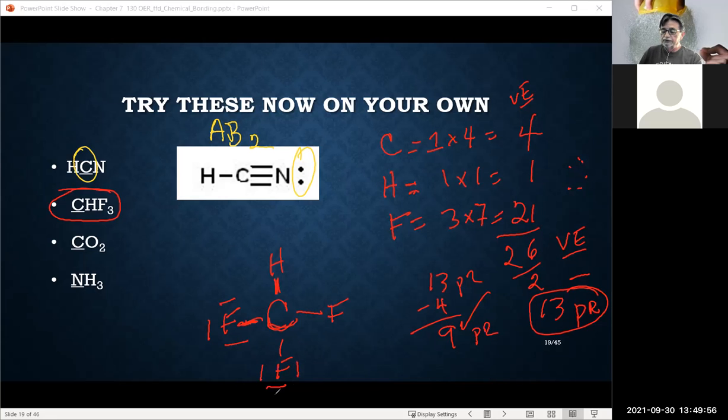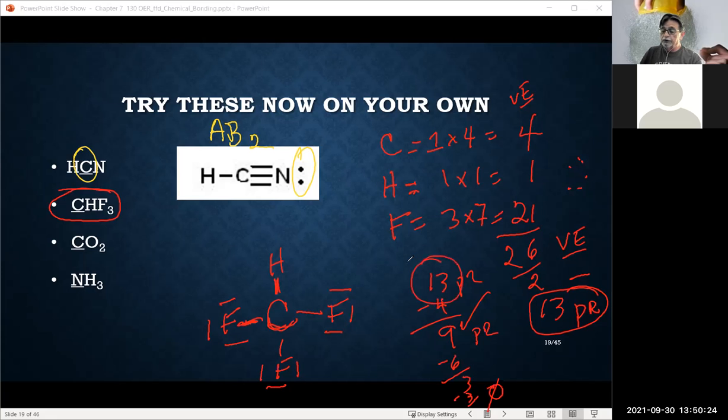Again, I got 4 lines around that fluoride. It's done. Each line represents 2 electrons. So now I took care of 6 pairs. So I got 3 pair left over. The only place it can go is on the other fluorides. So go 1, 2, and 3. And that took care of the last pair. So now I got 0 pair to work with.